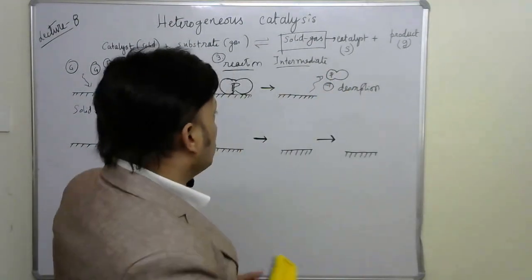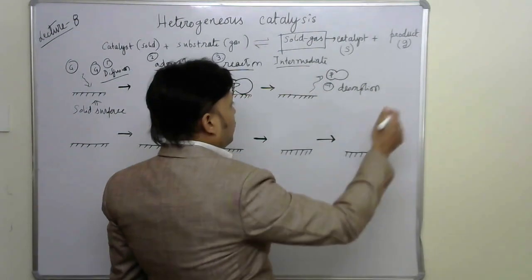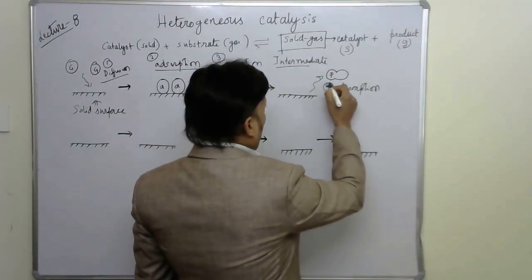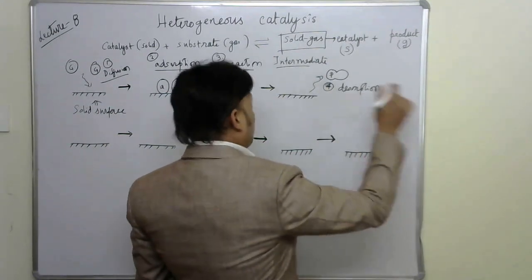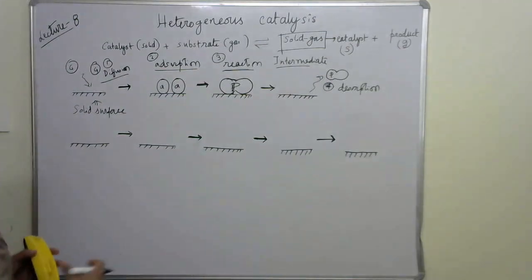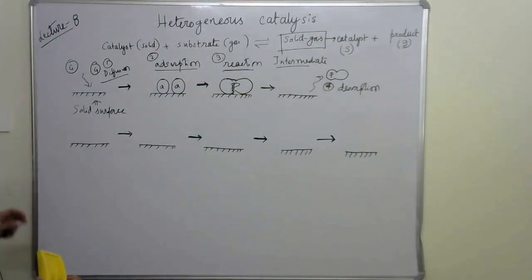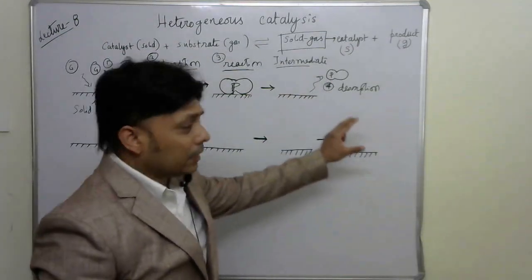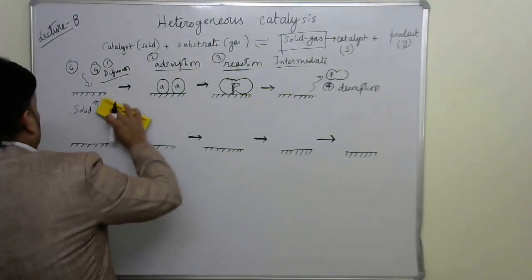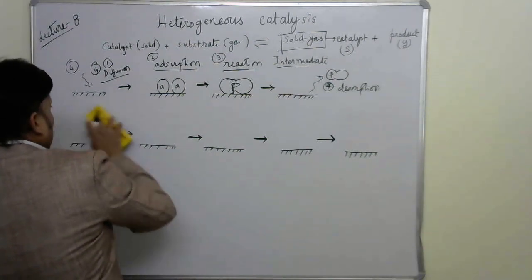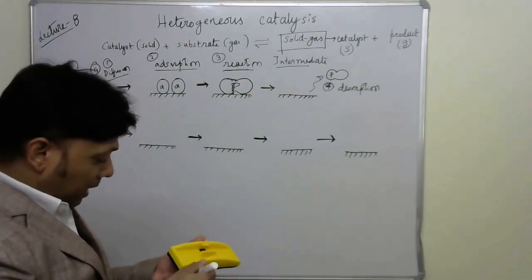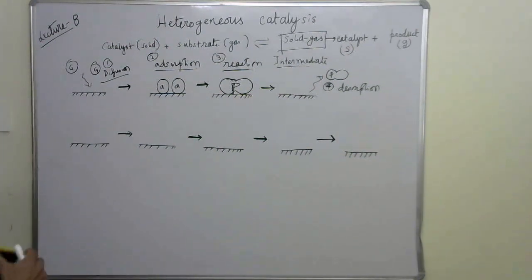Okay, so this happens together with again some diffusion, but we don't consider that as a separate step. So together we call it here a desorption step. So these are the four basic mechanistic steps for a solid and gas interface based heterogeneous reaction.